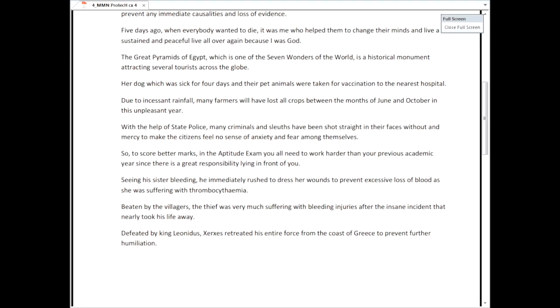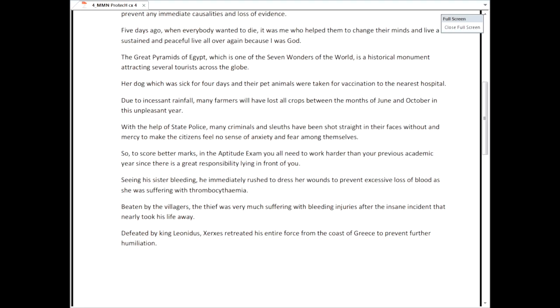Okay. Let's do it like this. I want you to read this time and tell me absolutely without seeing. Okay? Come on, read it. You can read it out so that I know where you are and how you read. Seeing his sister bleeding, he immediately rushed to dress her wound to prevent excessive loss of blood, as she was suffering with thrombocythemia.